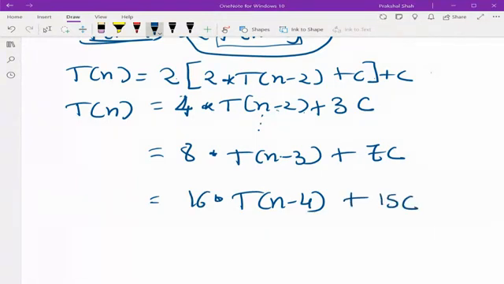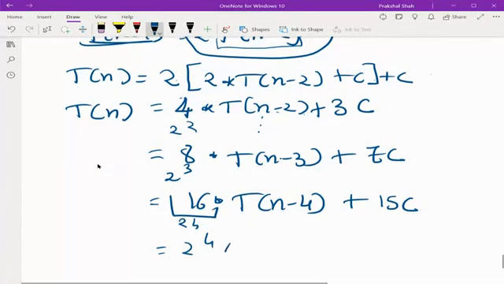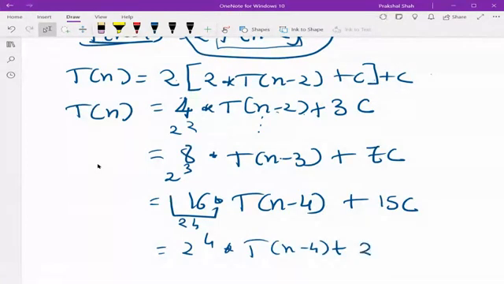So this term is nothing but 2 raised to 2, 2 raised to 3, 2 raised to 4. So it is nothing but 2 raised to 4 into T of n minus 4 plus 2 raised to 4 minus 1 into c, right?